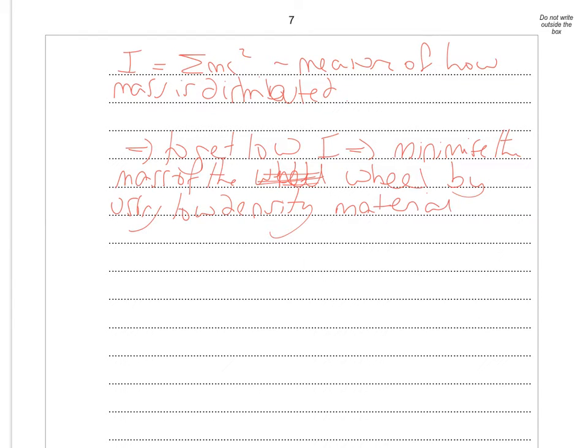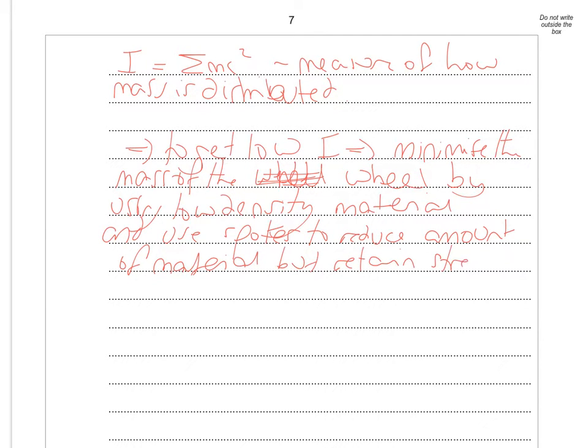And you would also think about using spokes to reduce the amount of material but retain the strength. So obviously you can't have nothing going between the centre and the outside, but using spokes allows you to retain the strength in the wheel. So that in a nutshell is going through the process.